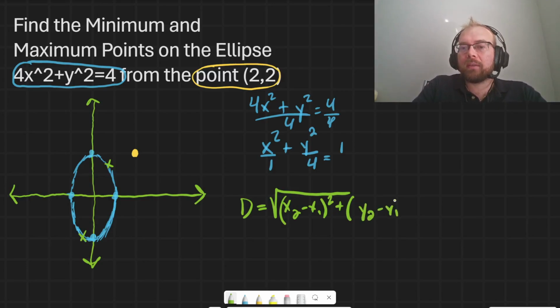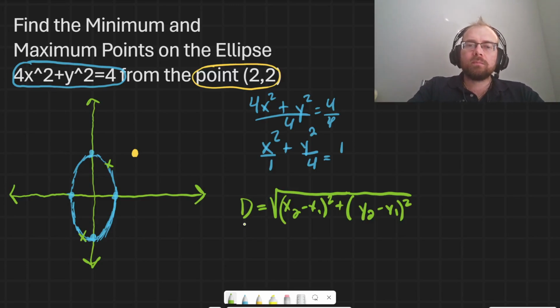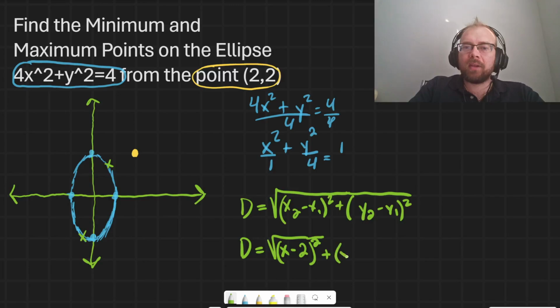So here's the distance formula in all of its glory, and we want to find out how far our ellipse is from the point where x and y are those values. So we want the x value of the point, and then the same thing for y.